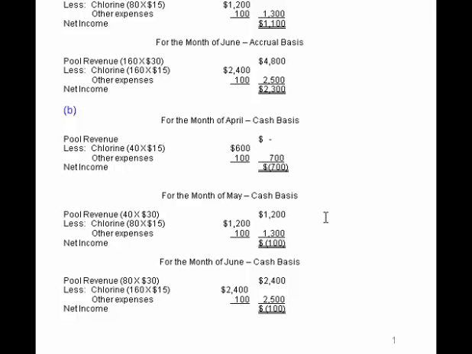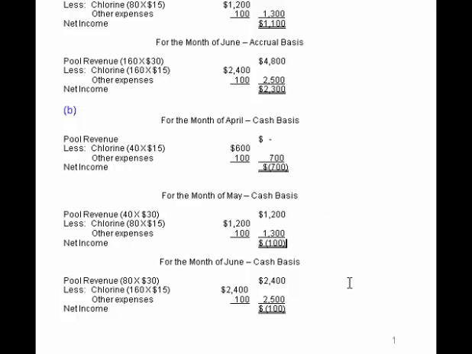Now, in the month of May, we collected from the 40 customers in April $30 each, so we get $1,200. We incurred cost during the month of May, the same as what we did under the accrual basis, which was 80 customers times $15 worth of chlorine, other expenses of $100, totaling $1,300. Subtract from $1,200, and we have a $100 net loss.